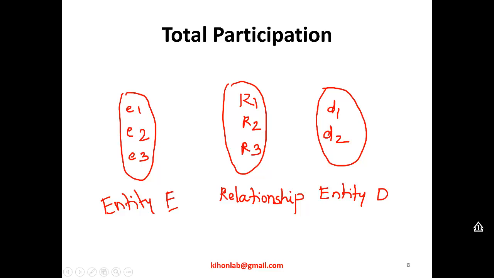In total participation, all entities are participating in the relationship: E1, E2, E3, and D1, D2. Each and every entity in the entity set participates in the relationship. So that is called total participation. The entity has its existence in the relationship.